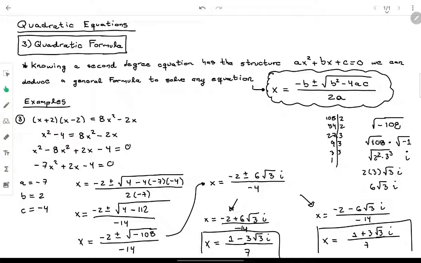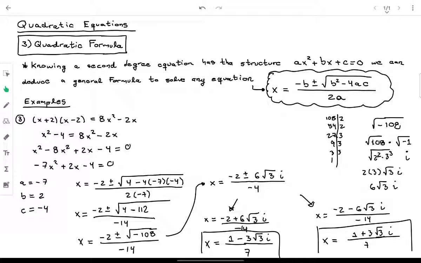So using the quadratic formula, we can have real solutions, only one solution, or we can even find the solution when we have imaginary numbers. So that's why the quadratic formula is so important, because we can use it for only one solution, for two solutions, or, if we said that it has no solutions, maybe we can obtain a solution in terms of i.